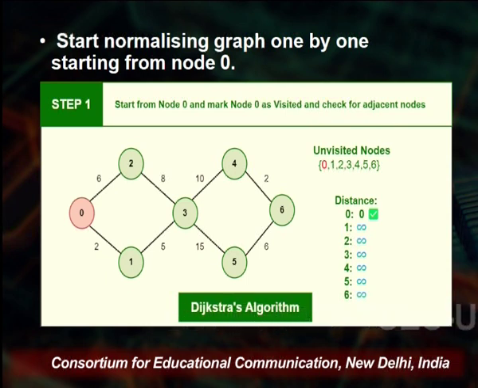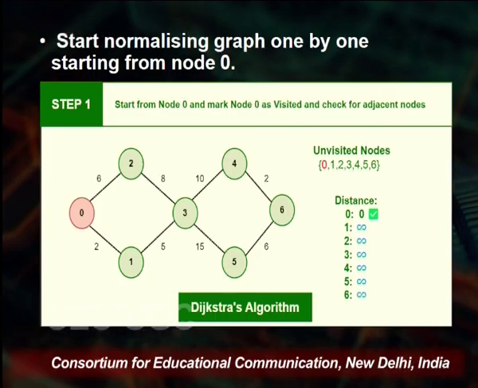Now, if you can see on the right side there is a table showing the unvisited nodes left. So, 0 is now visited. Now, 1, 2, 3, 4, 5, 6 are unvisited, and the distance of 0 from 0 is nothing, which is 0.